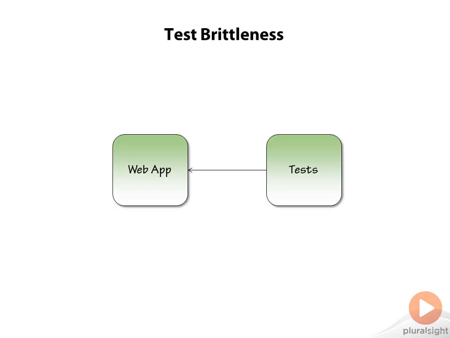Let's say that the structure of the application changes significantly, or even just minor little changes. Well, if you have a large number of tests and all those tests depend on, let's say, a particular element on a page being named a certain thing, and that changes, all of those tests are suddenly going to break. And now you're going to have to modify that code in all those tests.